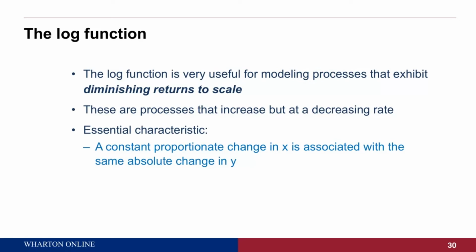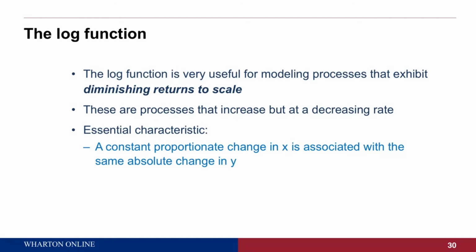So notice how that's the flip side of the exponential function. The exponential function had absolute changes in x being related to relative changes in y. The log function is doing it the other way around. We're talking about proportionate changes in x being associated with the same absolute change in y.